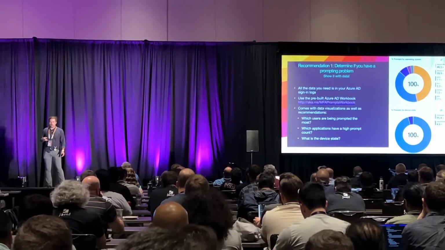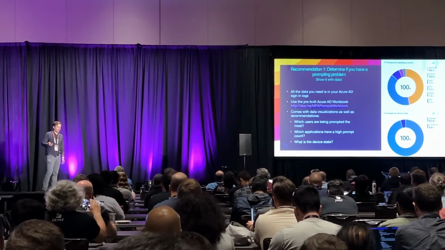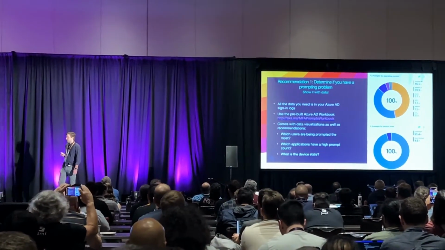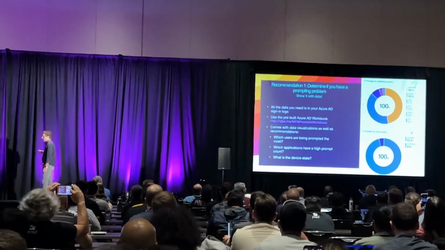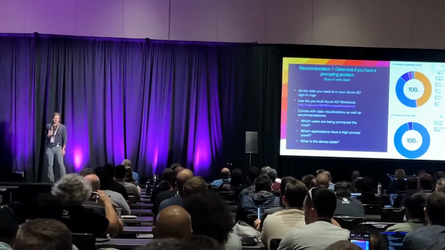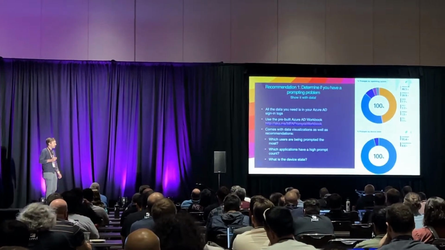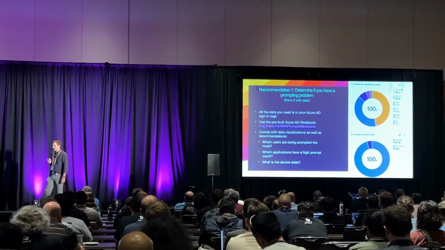And then what's the state of the user's device? You can see in the example that we have here from one of our lab environments that 95% of the sign-ins were on unmanaged devices. That tells us that we're doing a bad job of managing the hardware in that environment and probably not deploying SSO to our endpoints. So number 1, prove it with data.